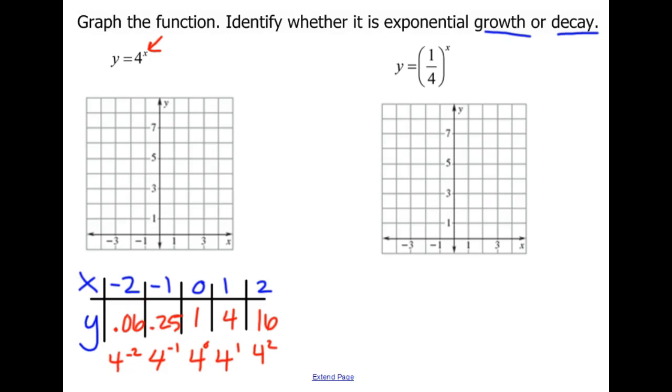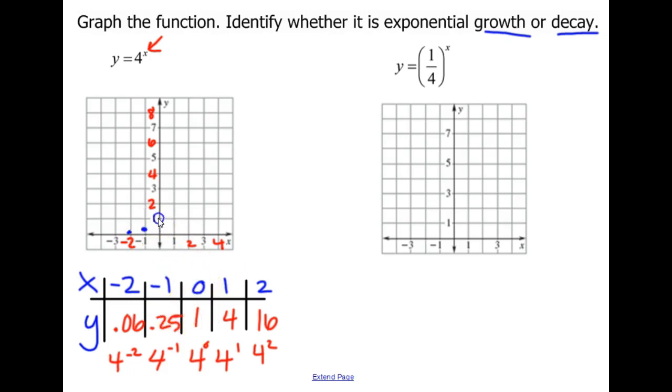And then we simply have to plot the points. These ones go up by 1s, and same this way, 1, 2, 3, 4, -1, -2. So at -2, I'm up 0.06, so almost on the x-axis. At -1, I'm up 0.25.